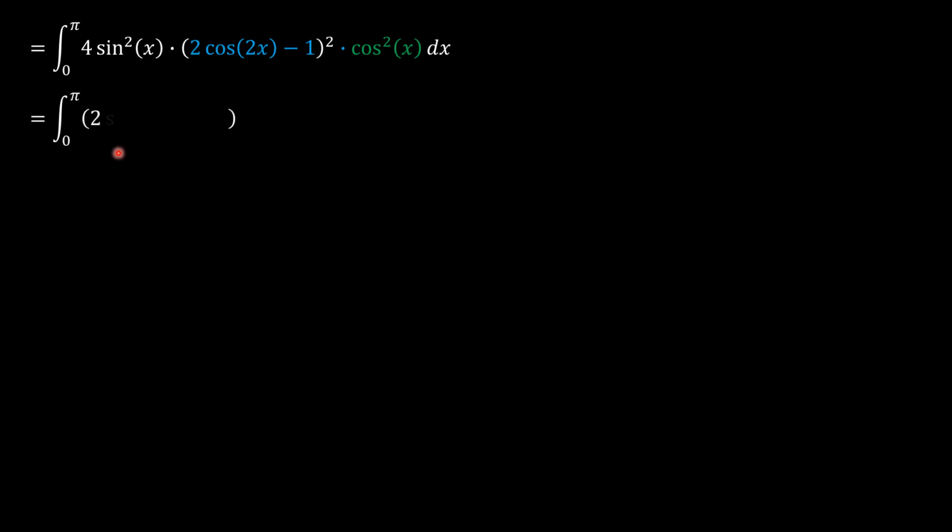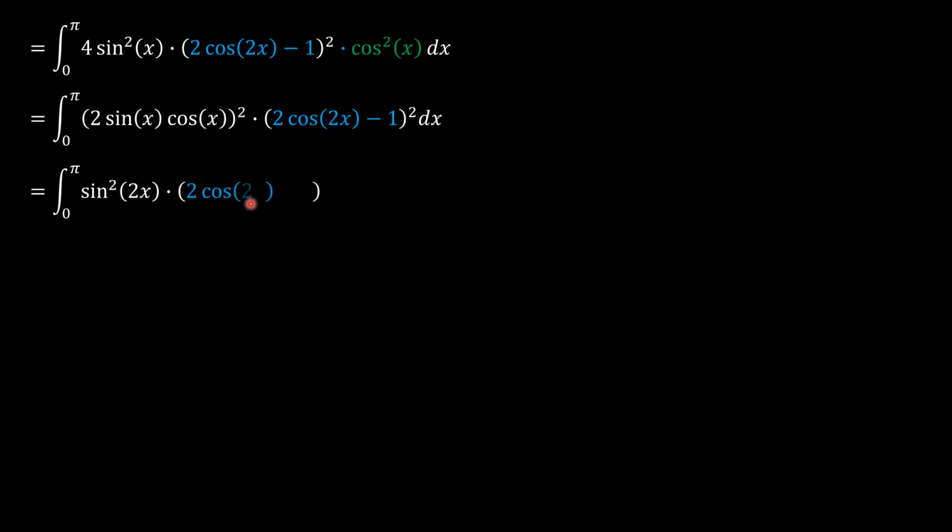And we can even simplify this further, because now we can bunch the sine squared x and the cosine squared x, so that now we have 2 sine x cosine x, which is the same as sine 2x, right? So now that we have sine squared 2x, we can pull the sine squared 2x inside the bracket here, so that now inside the bracket we have 2 cosine 2x times sine 2x minus sine x.